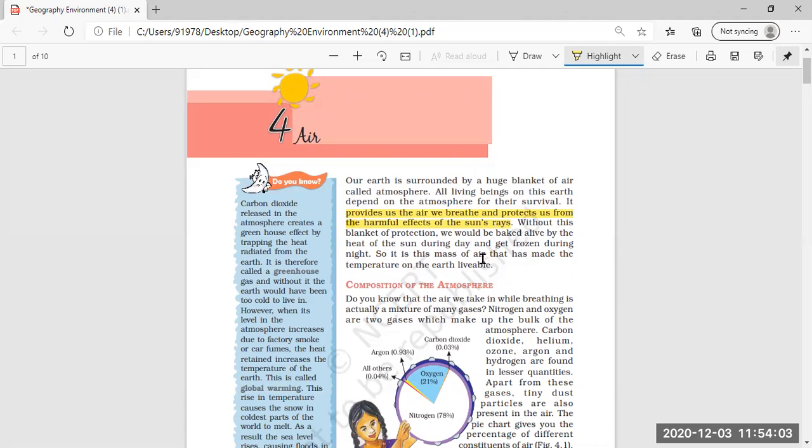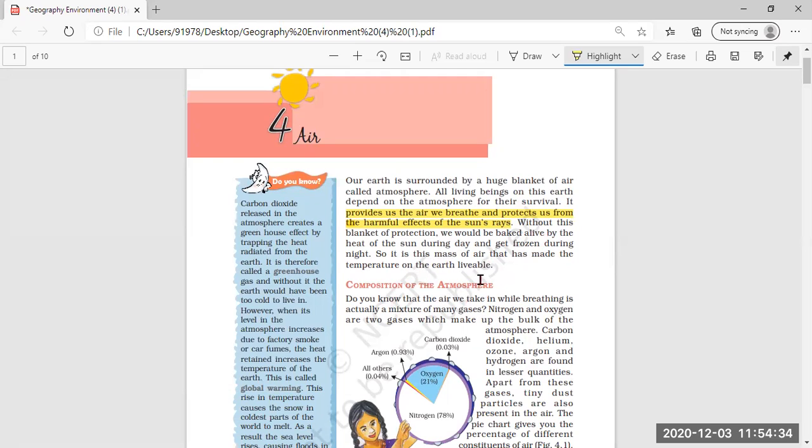Without this blanket of protection, we would be baked alive by the heat of the sun during the day and get frozen during the night. That means if this blanket of atmosphere were not present on the earth, we would surely be baked alive by the heat of the sun, or our body would be frozen at night due to the very cold.